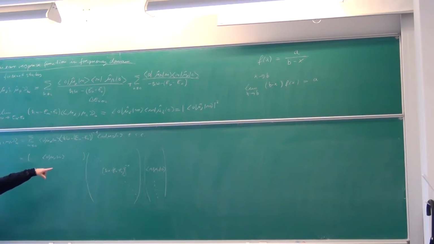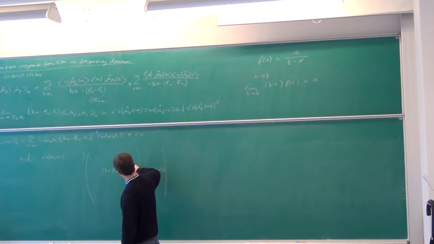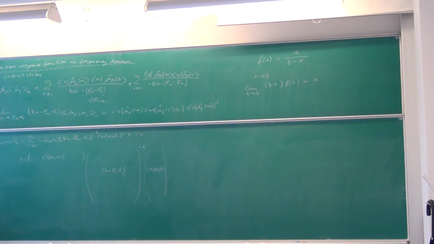If I calculate that, and remember the rules for matrix times vector and vector times matrix, you can see that this is precisely the same, just written a different way. Instead of writing it as a sum, I write it as a matrix product. This being diagonal, I might as well move the minus 1 out here. So both sums I can write as a vector times an inverse matrix times another vector, where the inverse matrix is diagonal.